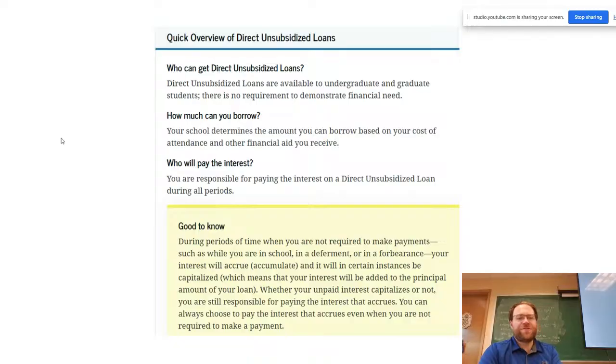Depending on your situation, you might be able to get a deferment once you graduate. It's usually about 6 months or so before they start asking you for payments. But whoever you're getting your loans through would have more information on that.